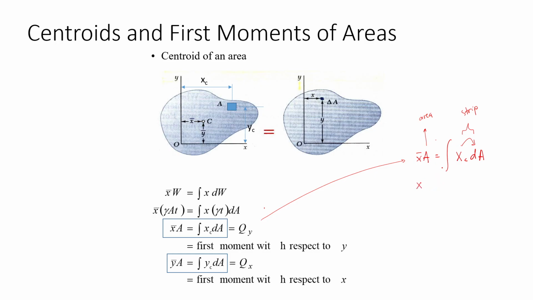So instead of x c dA, we can define it as the integral of x sub c, and then whichever strip you're going to use, for vertical, y top minus y bottom dx, right?